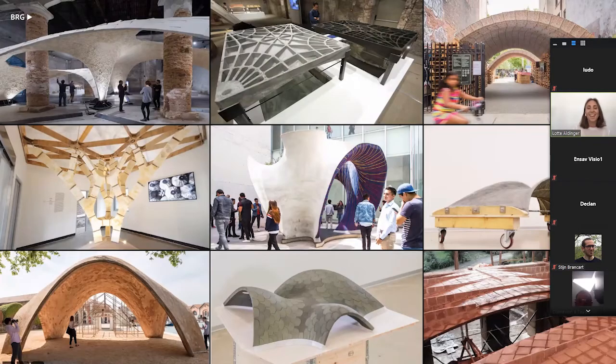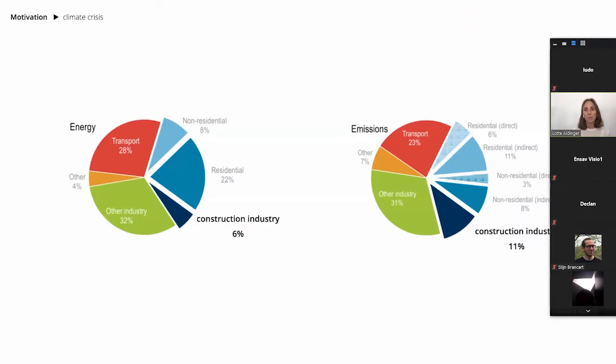Great places. And to put this a bit into context, my deep motivation is really to address the climate crisis we are facing at the moment. So I think Professor Gengnagel yesterday had a beautiful introduction on this, so I will keep it short.